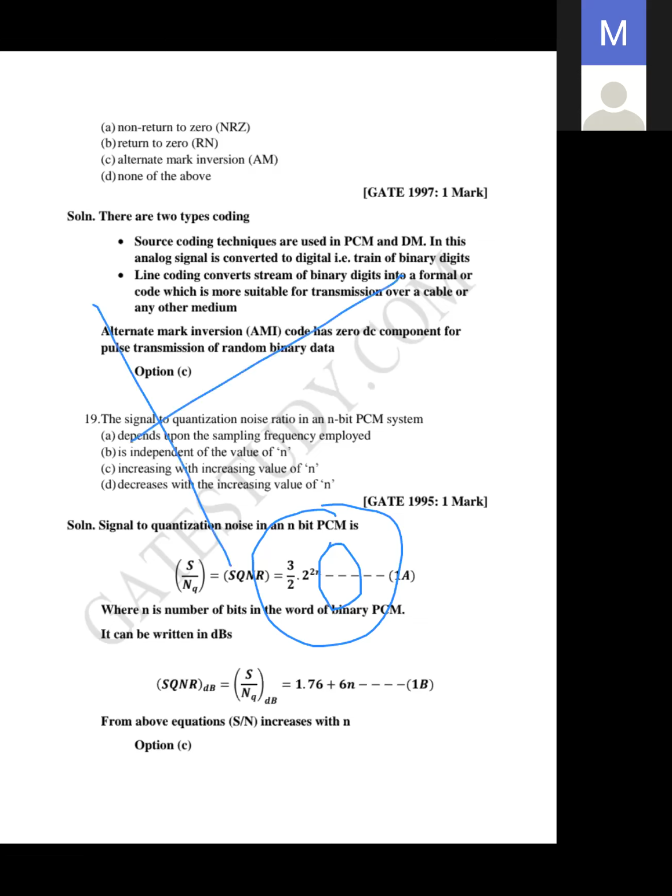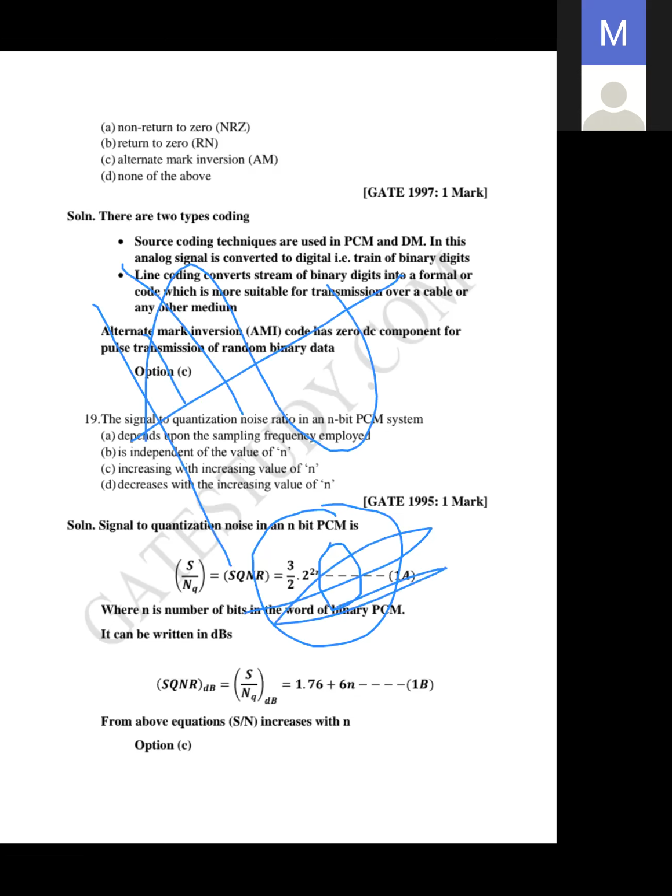Each sample of the given analog signal is converted to a digital signal with some number of bits, which may be 1, 2, 3, 4, 5. In the previous program we took four bits for each sample. So my signal to noise ratio always depends upon these bits.